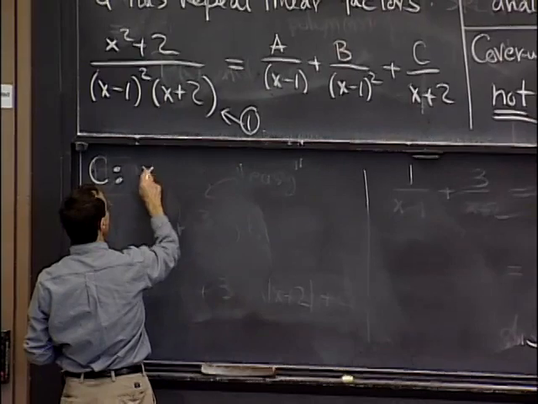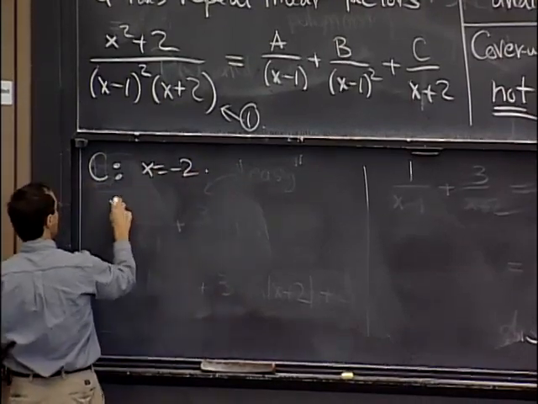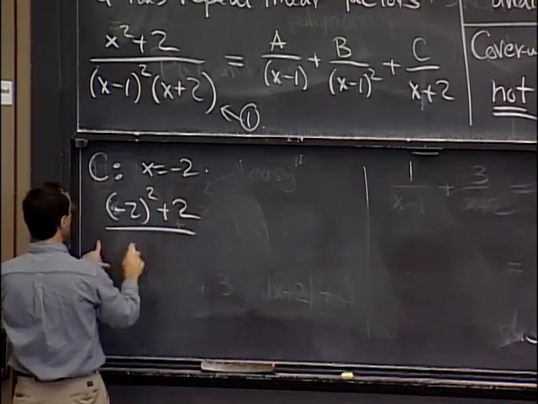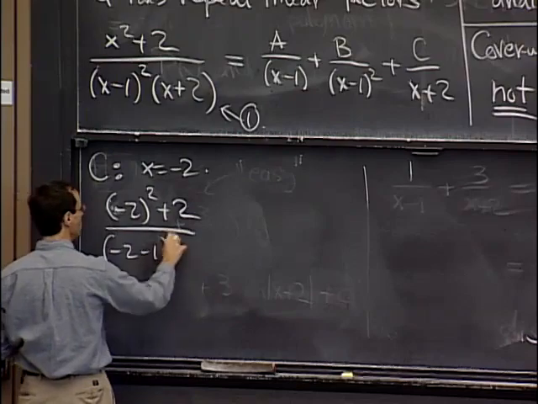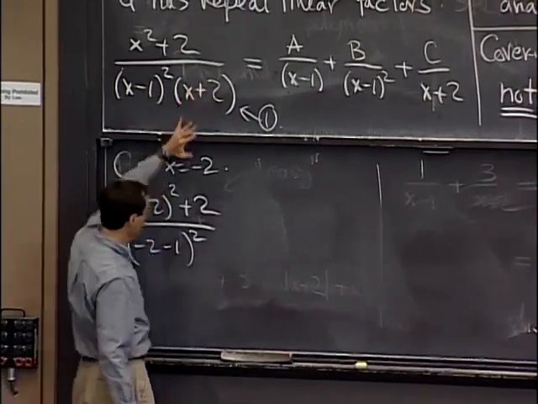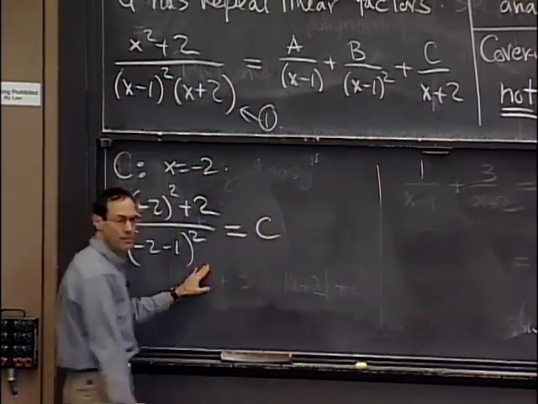So I have to plug in x equals -2, and I get minus 2 squared plus 2 in the numerator, and I get minus 2 minus 1, the quantity squared, in the denominator. Remember, I'm covering this up. So that's all there is on the left-hand side. And on the right-hand side, all there is c.